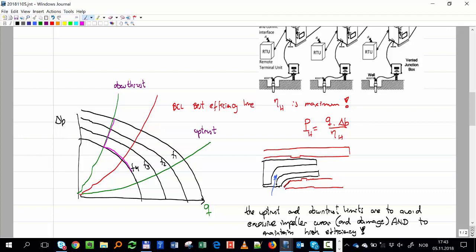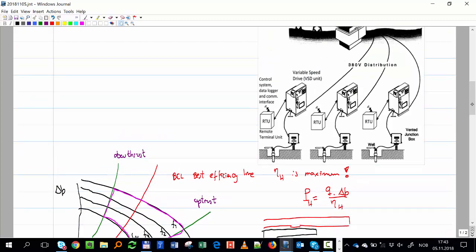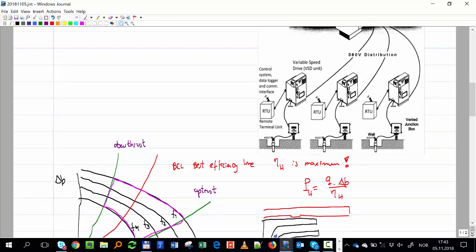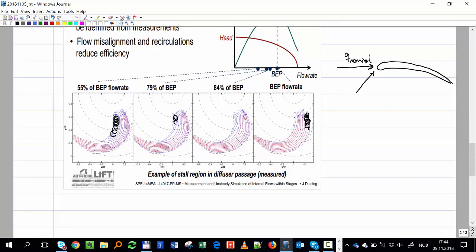I should always be in this range, because here you have excessive wear due to upthrust, and here you will have excessive wear due to downthrust. Let me make that smaller. We don't want to take the whole page.